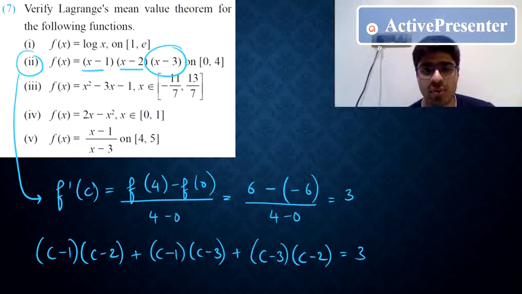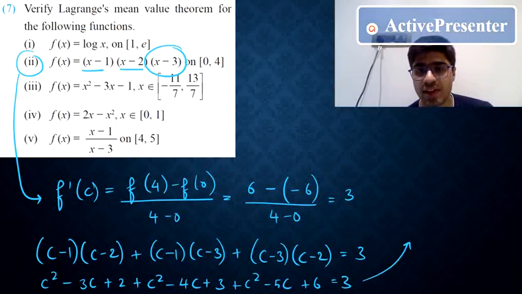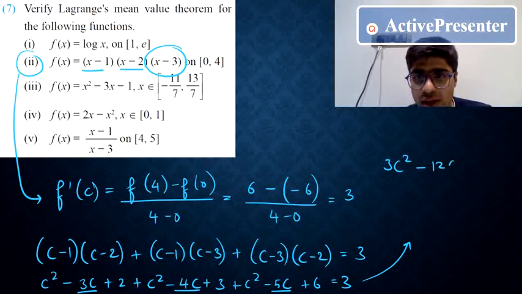So if you expand all the terms, you have c square minus 3c plus 2, c square minus 4c plus 3, and c square minus 5c plus 6 equal to 3. Simplifying that, we have 3c square minus 3 minus 4 minus 5, that is minus 12c, and then there is 2 plus 3 and 3 from here that get cancelled, and then we have plus 8 equal to 0.